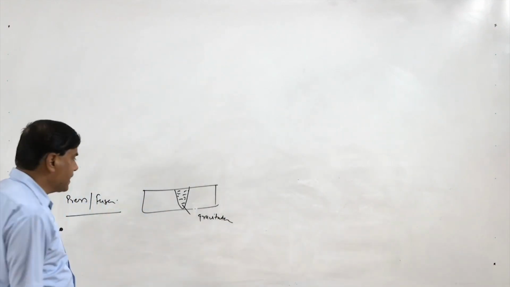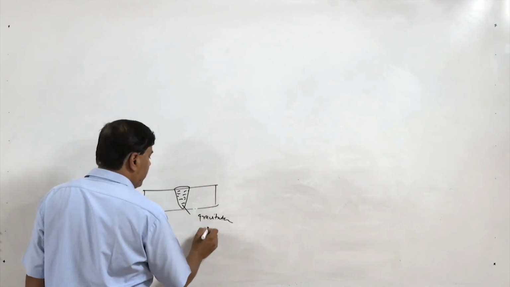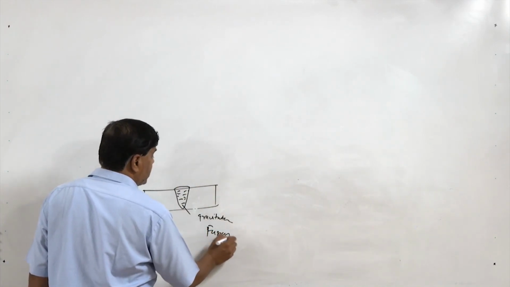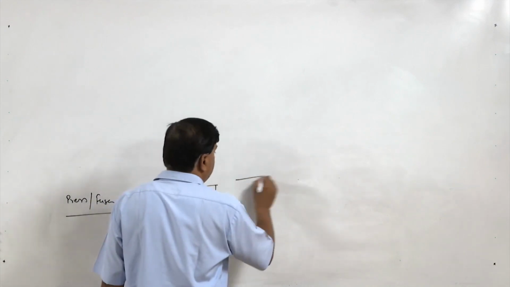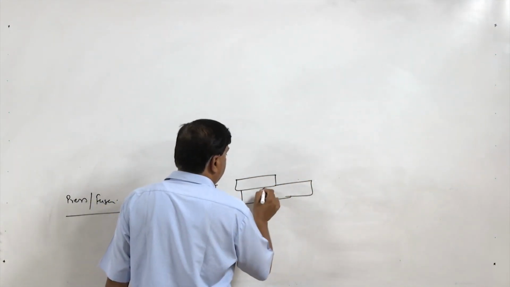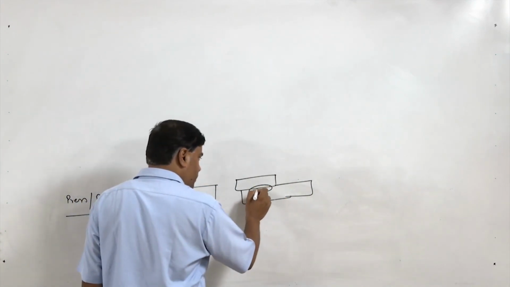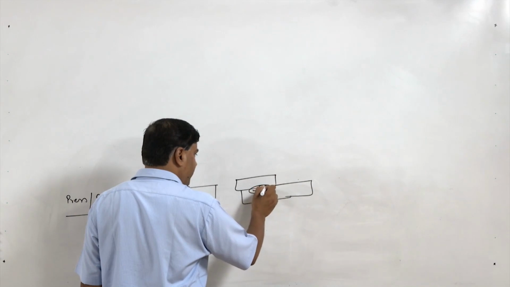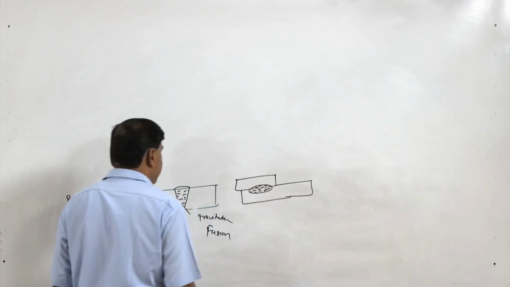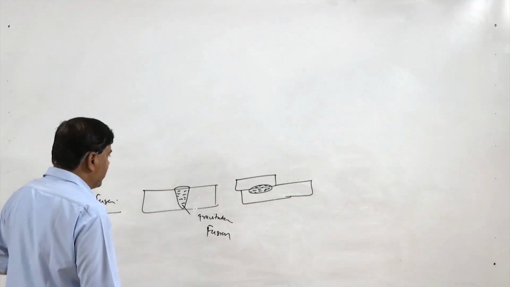So, if this is the case, then it is normal fusion welding. Sometimes, if the molten metal is generated and then allowed to solidify only in confinement under pressure conditions, then that is categorized under pressure welding.